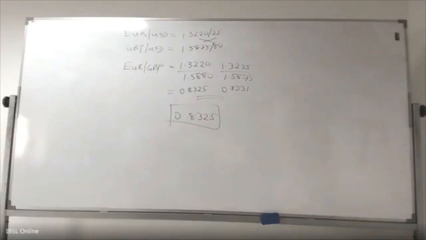So he has to buy that at the selling rate, no? No. He has the euro now, and he needs to buy sterling, right? So the base currency is euro, and he needs to sell the base currency, correct? So he will be selling the base currency at the bid.